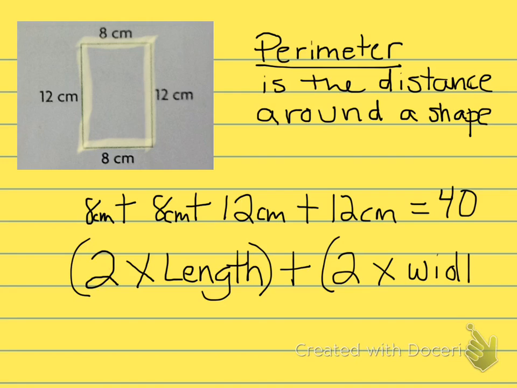And that's because there are 2 sides that are the width, and there are 2 sides that are the length.